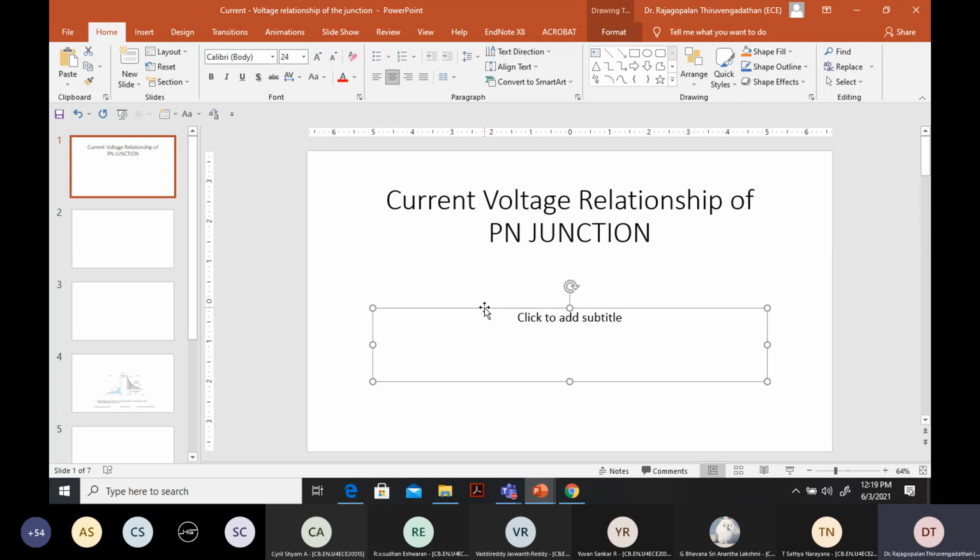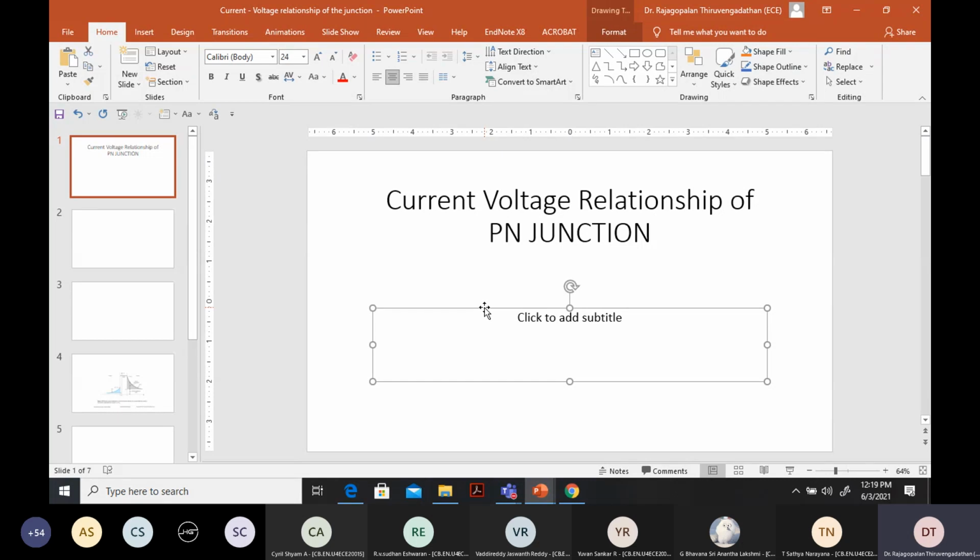Now with the reverse bias, the barrier potential across the depletion region increases the potential barrier, therefore no diffusion is supported. All of the current in the reverse bias is due to the drift of the minority carriers. Okay, and that is extremely small, of the order of 10 power minus 9 to 10 power minus 12 until you reach the breakdown.